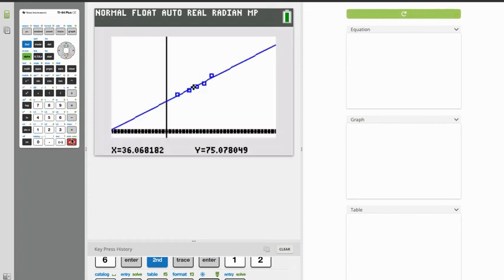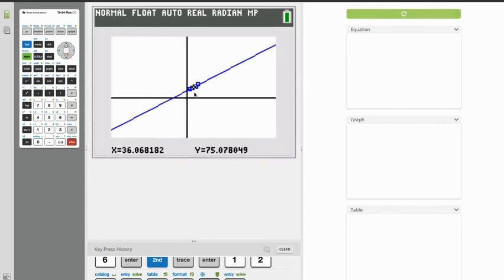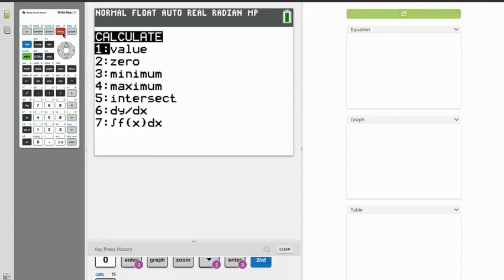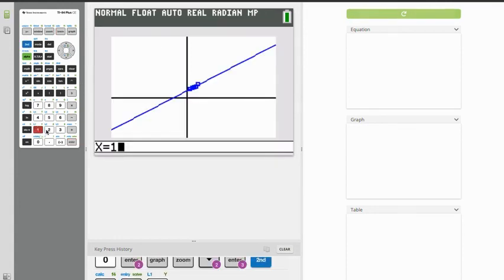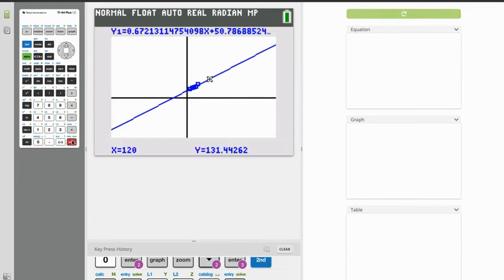a couple times. And now I bet 120 is in here. So second trace value. There it is. So this is saying, using our linear regression line, if we spent 120 minutes on class, 2 hours, we would have 131.44%.